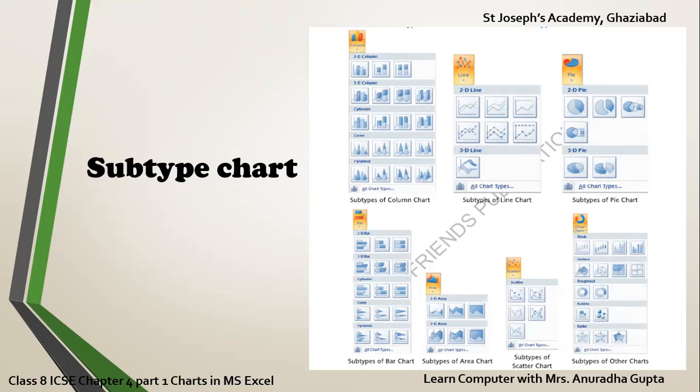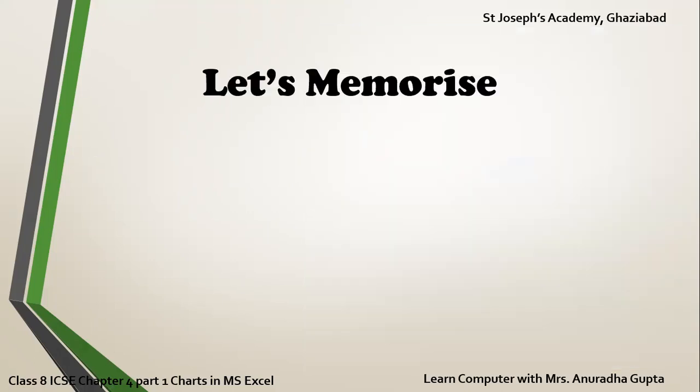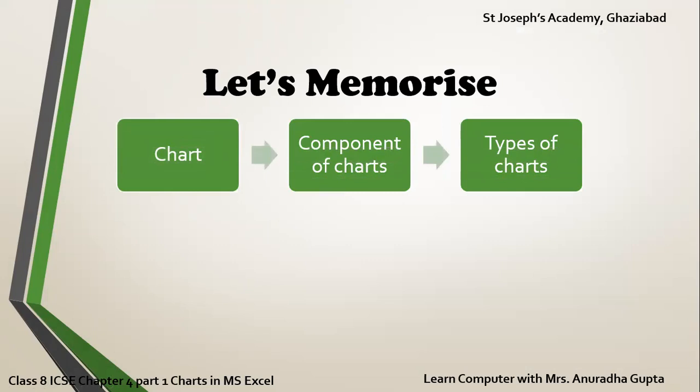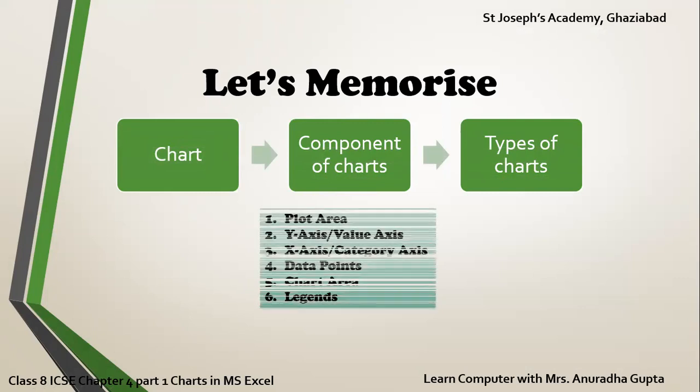This is about this video. Here you have learned 3 topics. Let's again memorize them. First, we have learned about the chart, then components of a chart. Under components of the chart, you learned these 6 components of a chart: plot area, y-axis, x-axis, data points, chart area, and legend.